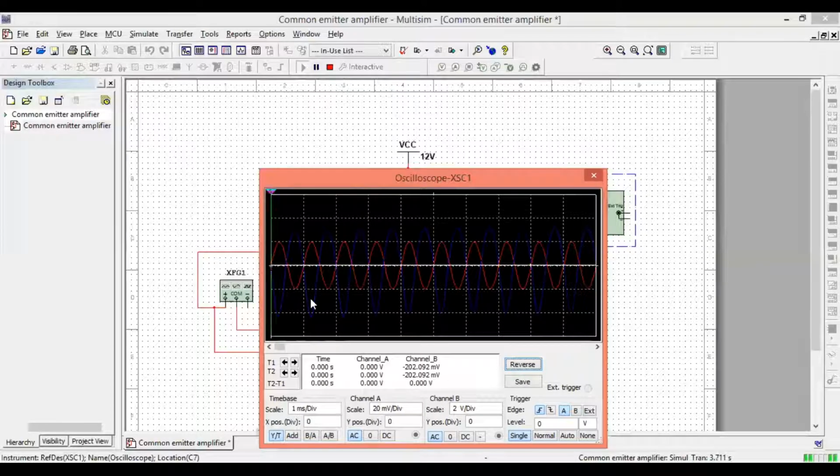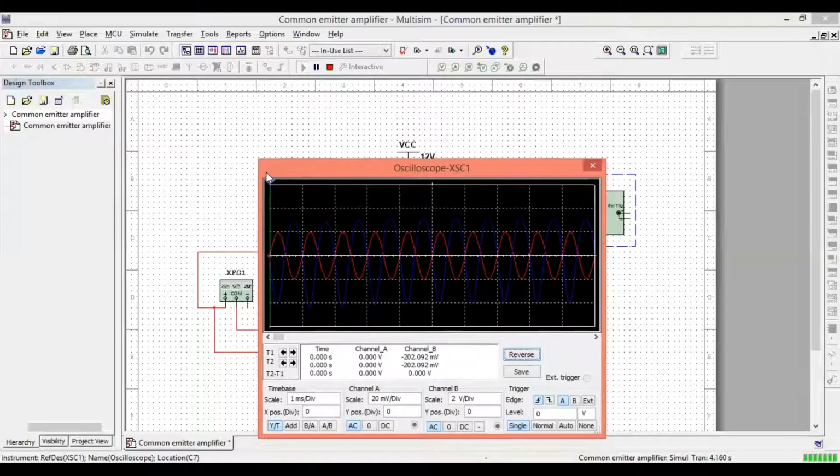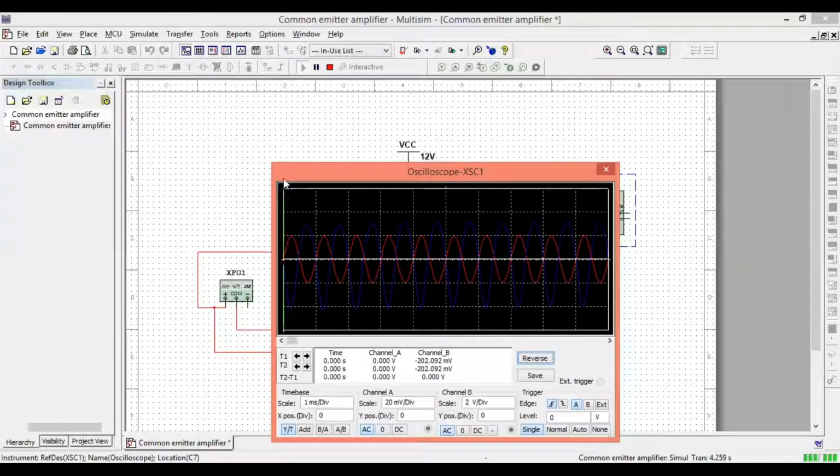Now how can you people measure the voltage gain? So if we look at this cursor, by moving this cursor, we can easily measure the voltage gain.